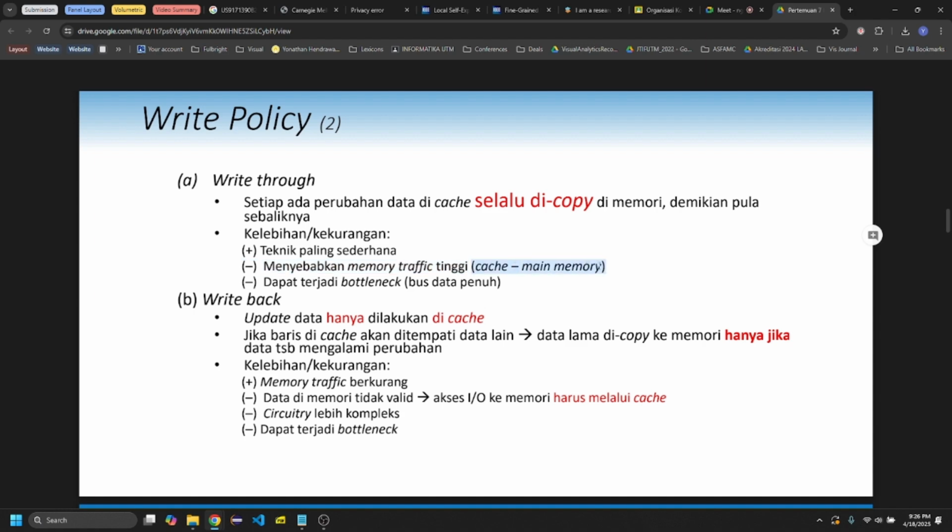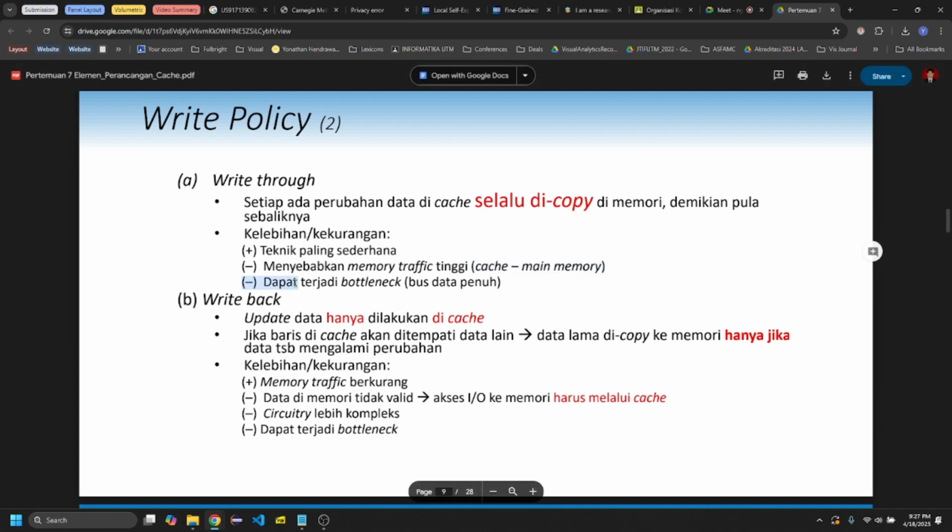Whereas the aim of the cache is to reduce the traffic between the CPU and the main memory. In this case, because whatever happens in the cache or in the main memory needs to be written to the other side, the traffic will be quite high.